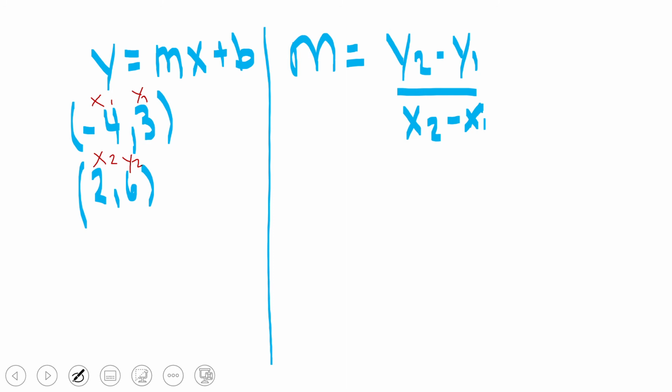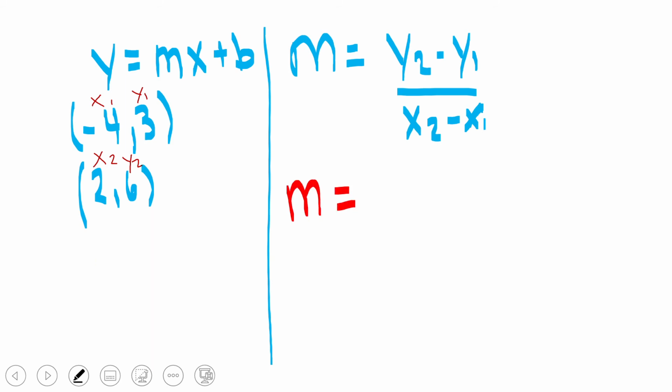We can label them x1 and x2, y1 and y2 between the first and second points, and use that to find slope. Let's do that.